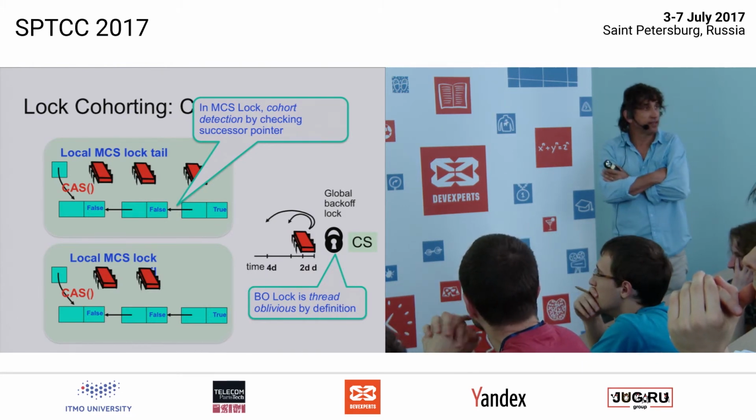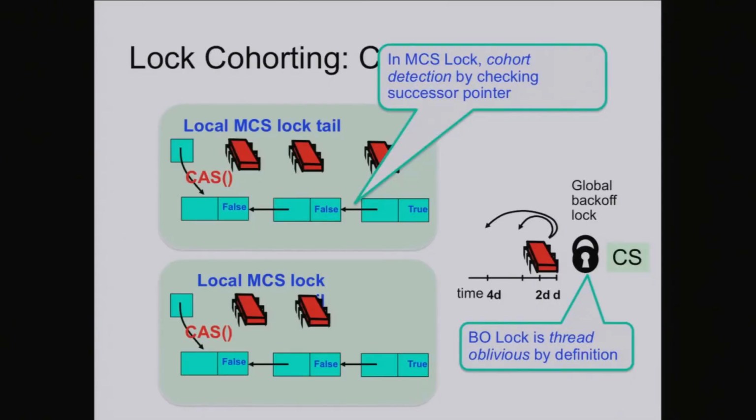Do you agree with this, that a thread can tell if there's somebody else in its cohort just by looking to see if there's essentially a successor? Yes? We agree? How do we know in an MCS lock if there's a successor? Because that's what the successor does, right? It points my pointer to it, right?